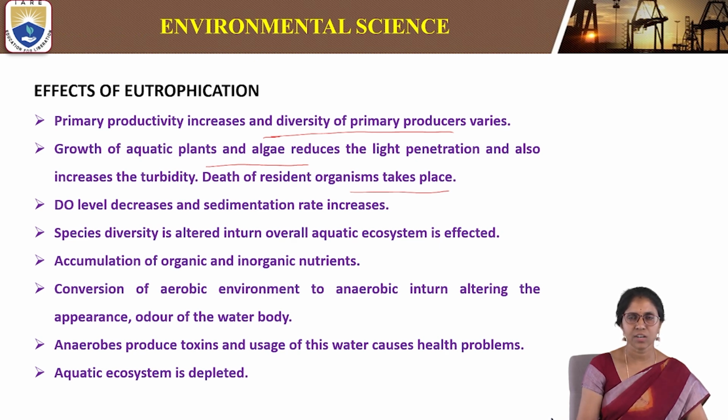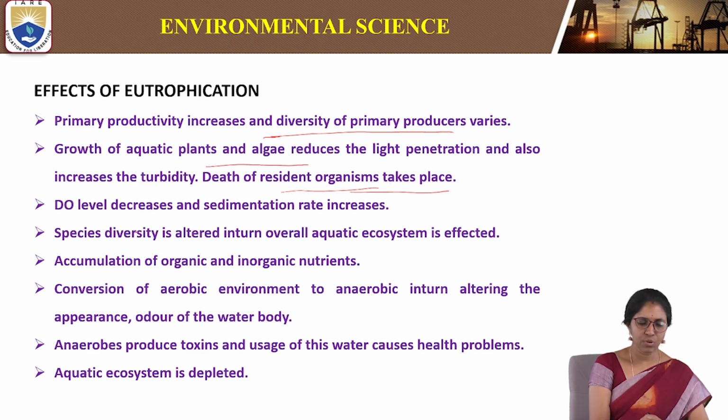Only producers increase, as primary productivity increases. The growth of aquatic plants and algae reduces light penetration and increases the turbidity, and it increases the death of resident organisms.